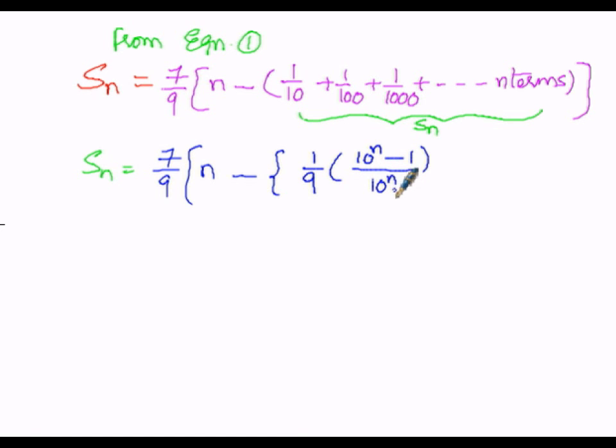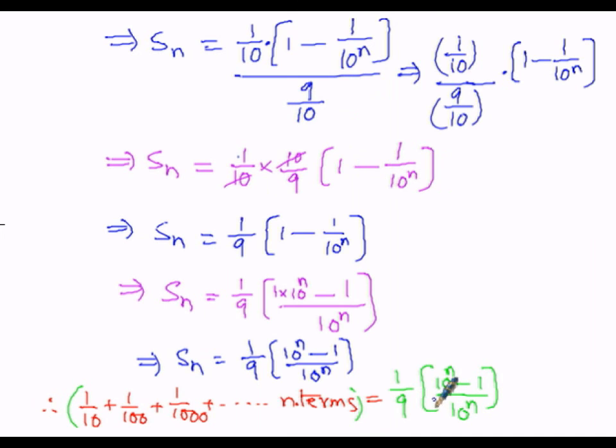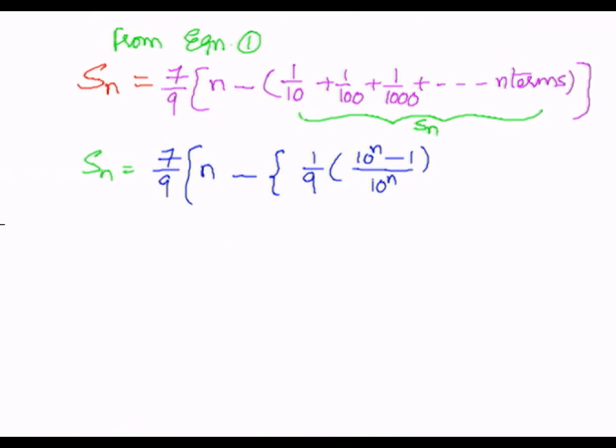So I have replaced 1 by 10 plus 1 by 100 plus and so on up to n terms, then flower brackets close and the square brackets.